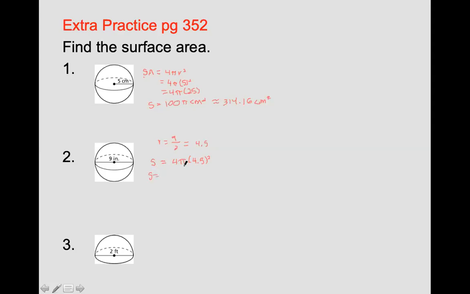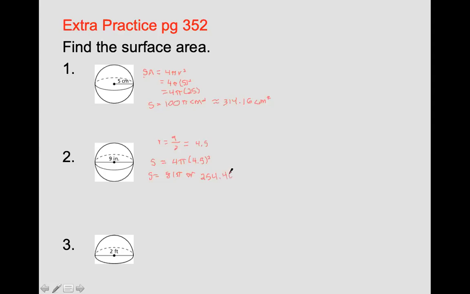You can multiply 4.5 squared times 4, and that will give you 81 pi. Or you can multiply it out, and 81 times pi is about 254.46.